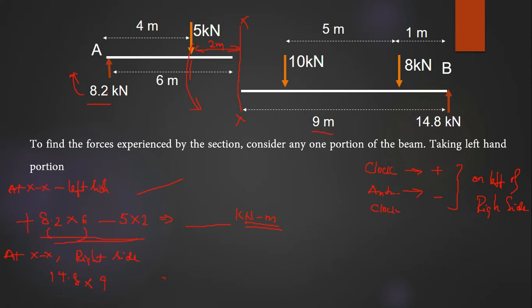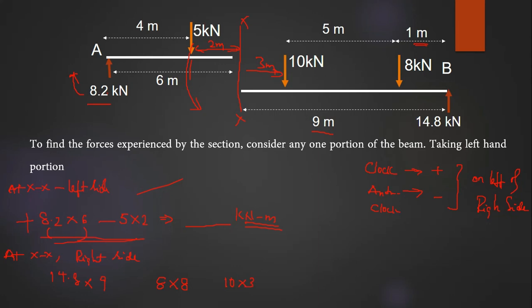And the next one is because of 8 kilonewton. So 8 kilonewton into the distance. The total is 9, this is 1 meter, so this is going to be 8 meter. So 8 into 8. Similarly, we have 10 kilonewton, and the moment due to 10 kilonewton is 10 into, what is this going to be? This is going to be 3 meter because the total is 9. This is 5 plus 1, 6. So 9 minus 6, 3.